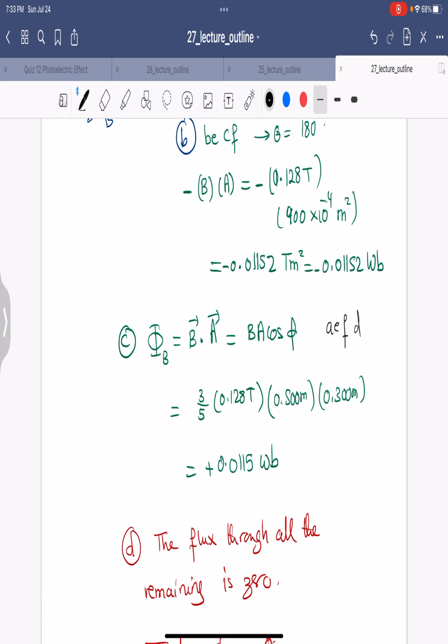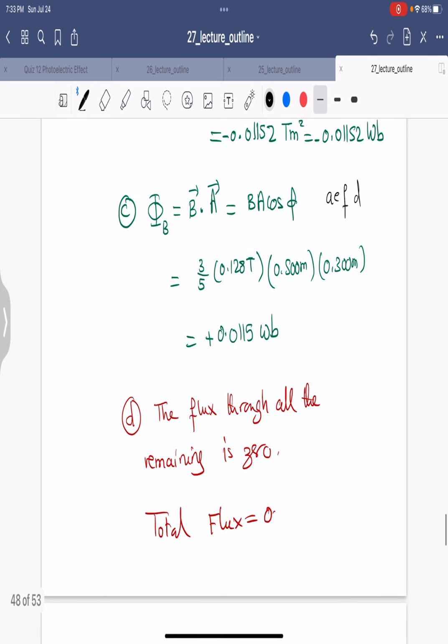If we calculate, this one is going to be plus 0.0115 Weber. If you look at all the other surfaces, you're going to find that the flux is 0. Then the total flux is 0, and that is really consistent with the fact that when we calculate the flux over a closed surface, it should be 0.